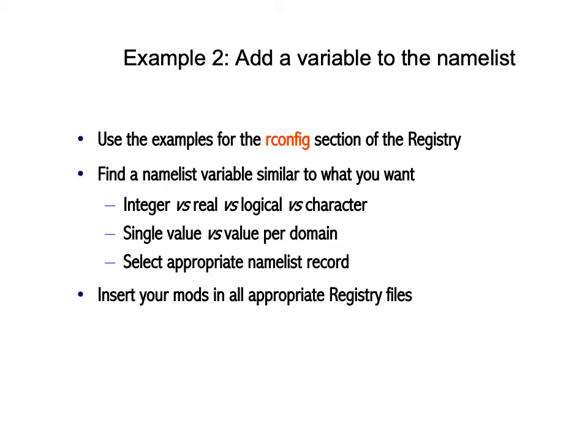What we do is when we find this, we identify this namelist variable inside the namelist.input file, we go into the registry, and then we search until we find that exact rconfig entry that already exists in the namelist.input file. We make a copy of that line and we just make a small edit.